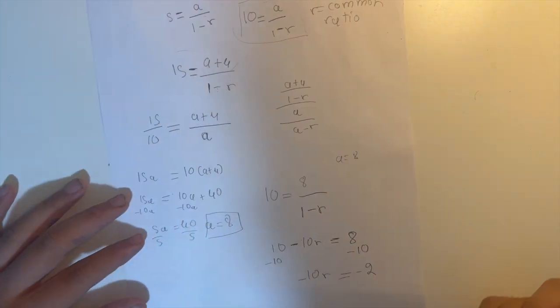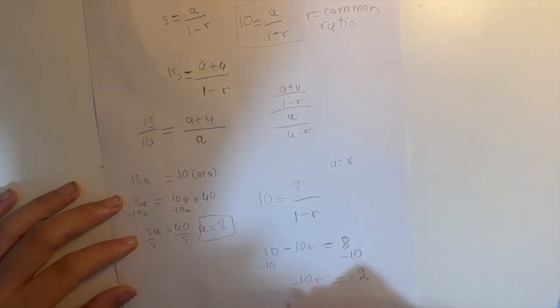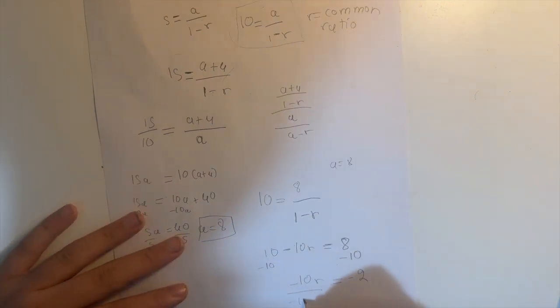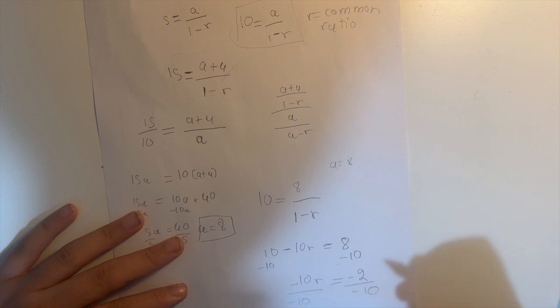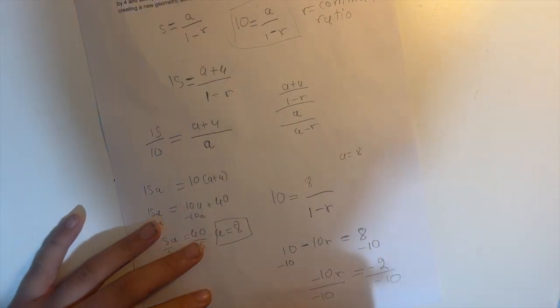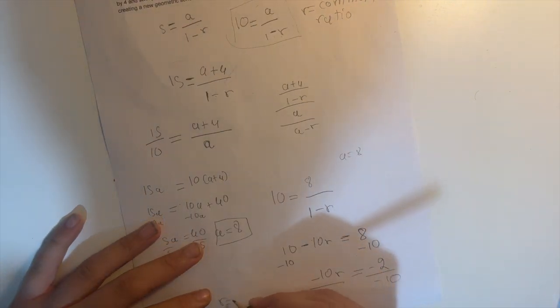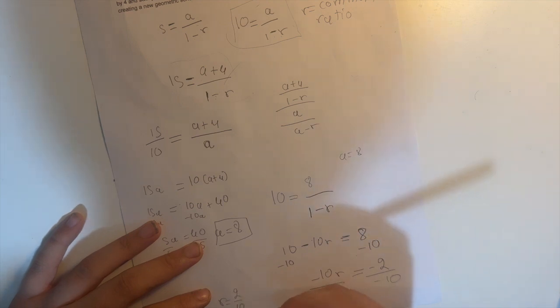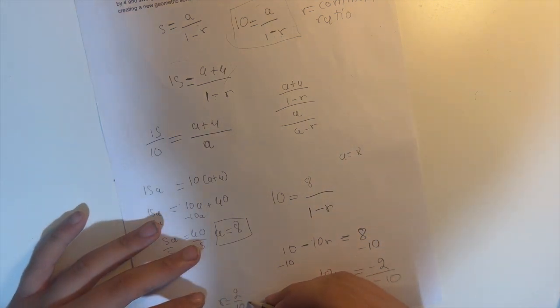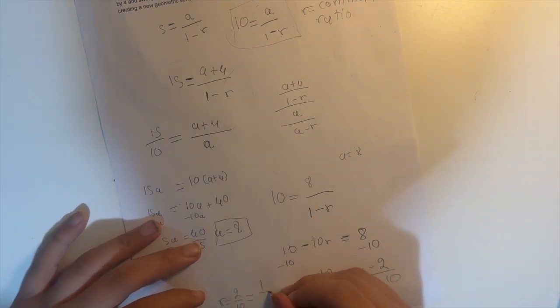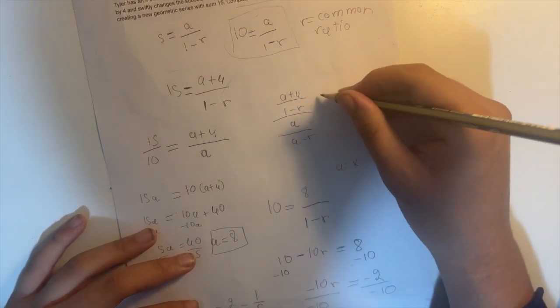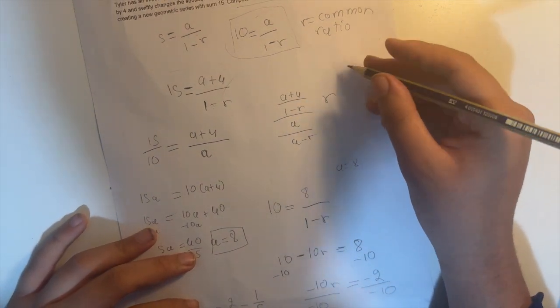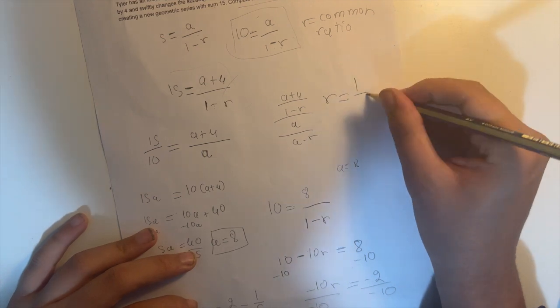We simplify this even further by dividing both sides by negative 10. We're dealing with two negatives here, so R is equal to 2 over 10. And 2 over 10 can be simplified to 1 over 5. So this is the answer: the common ratio of Tyler's series is 1/5.